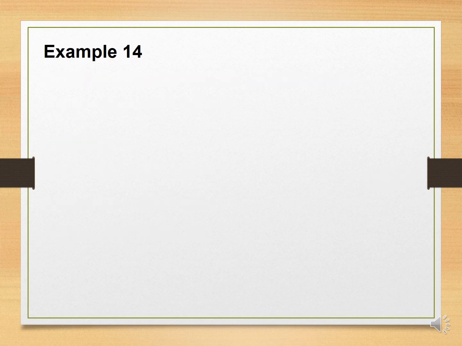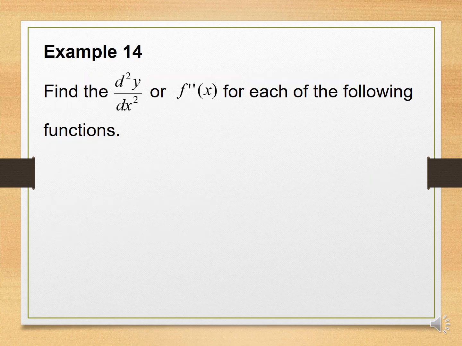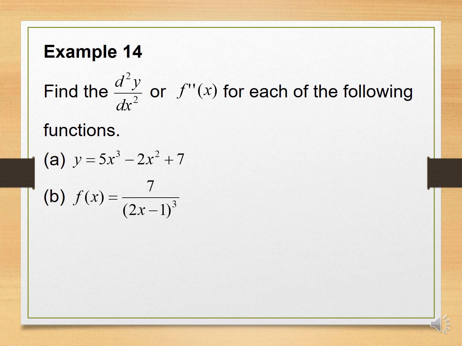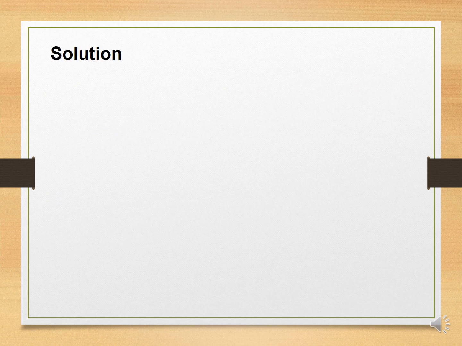Let's proceed to example 14. Find d2y/dx squared or f double prime x for each of the following functions. A. y equal to 5x cubed minus 2x squared plus 7. B. f(x) equal to 7 over (2x minus 1) cubed. Alright, look at the solution. For A, we have the function y equal to 5x cubed minus 2x squared plus 7.